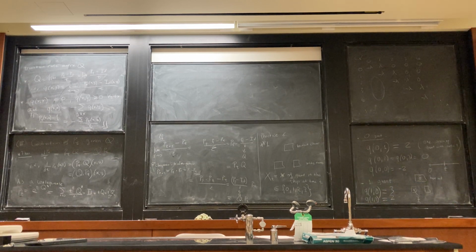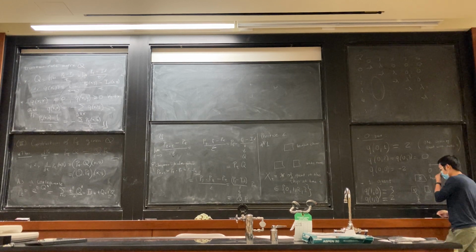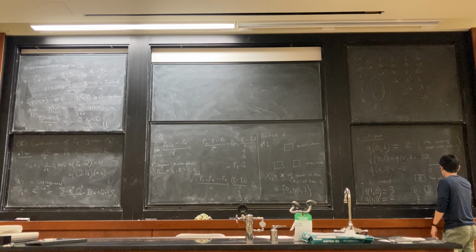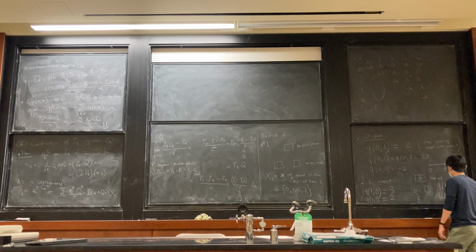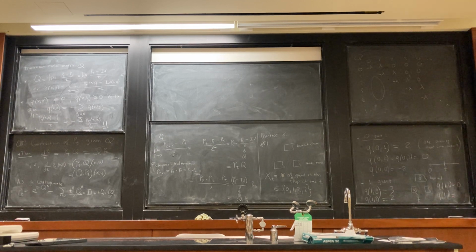And I cannot jump from 1 to 3. I don't consider that case, so Q from 1 to 3 is 0. As a consequence, Q(1,1), taking the negative of the sum of everything, will be negative 5.